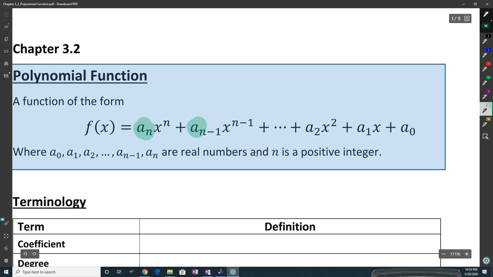So first, these guys right here are just numbers. So all of these are real numbers. When they say real numbers, a real number is any number on the number line.